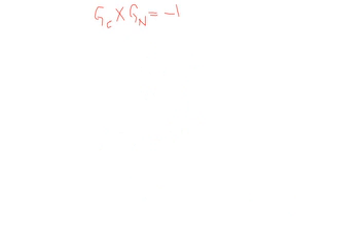So the gradient of the curve is 4, and therefore the gradient of the normal to the curve is negative 1/4.